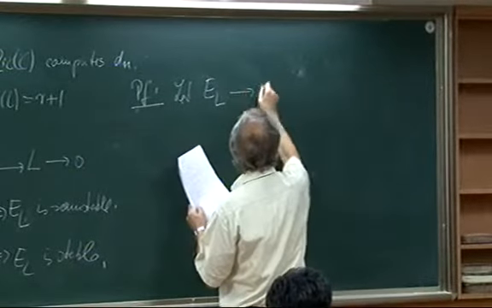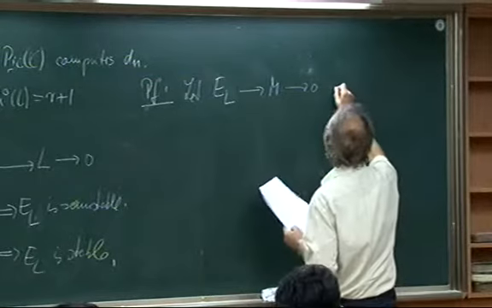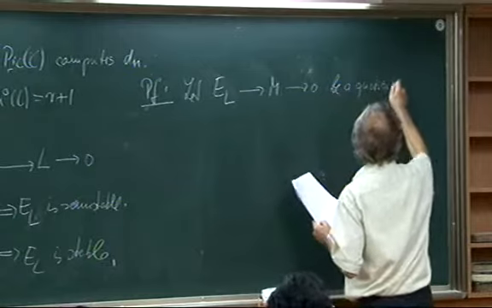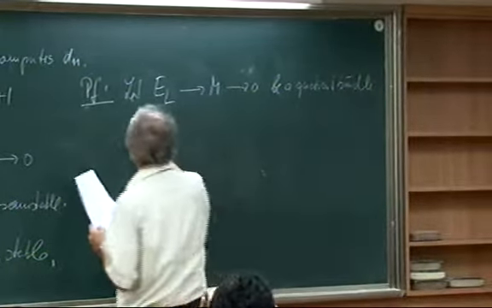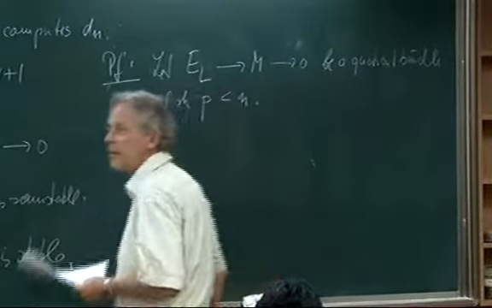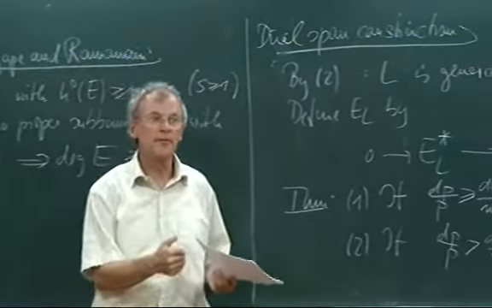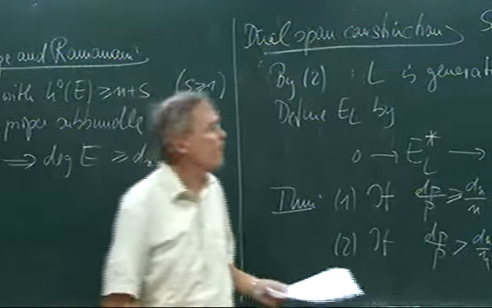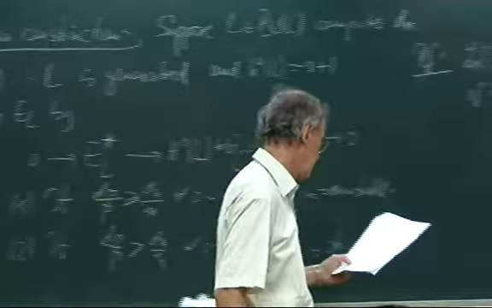Let EL to M be a quotient bundle of rank P less than N. The definition which I gave for semi-stability or stability was in terms of subbundles. Of course, you can do this also for quotient bundles, right? Then the inequalities get different.